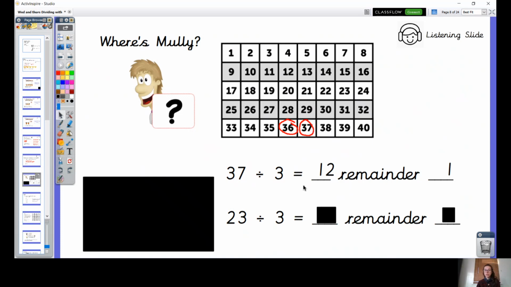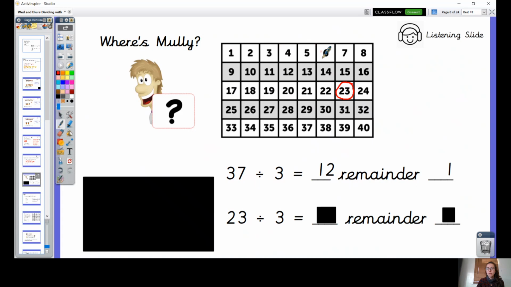Let's look at another one of these together. So let's look at a new one. So now we've got 23 divided by 3. Let me find that number to start with on the number square. That will help us today. 23. Okay, I'm still dividing by 3, so I'm going to think about my multiples of 3 to help me, my 3 times table. I could count in 3s if that's helpful when you get onto it.